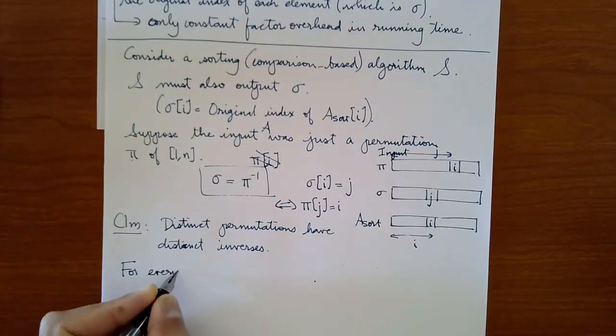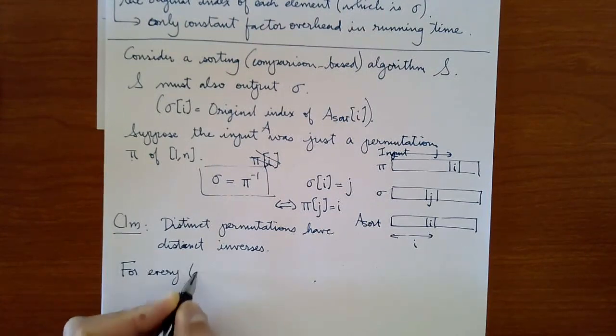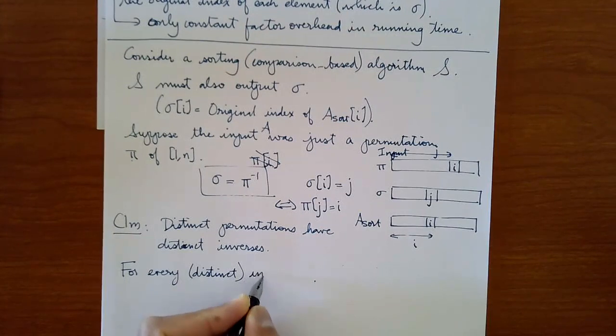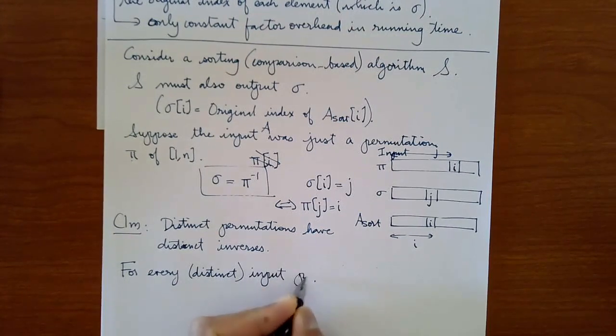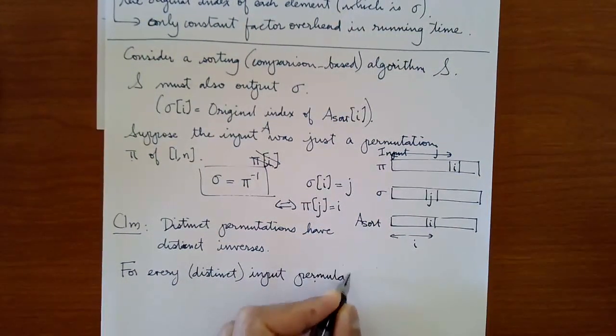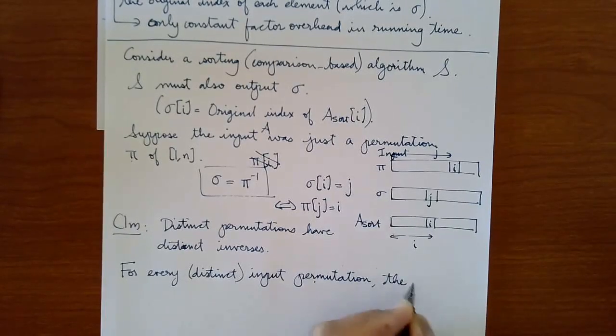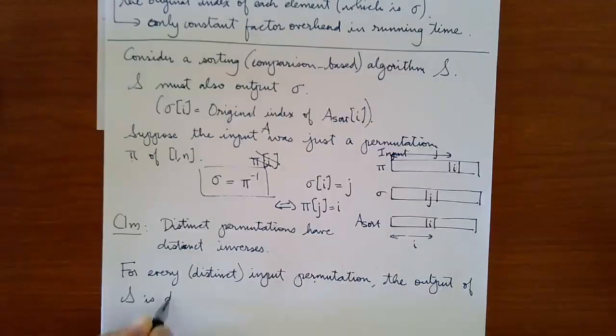For every distinct input permutation, the output of this algorithm S is distinct.